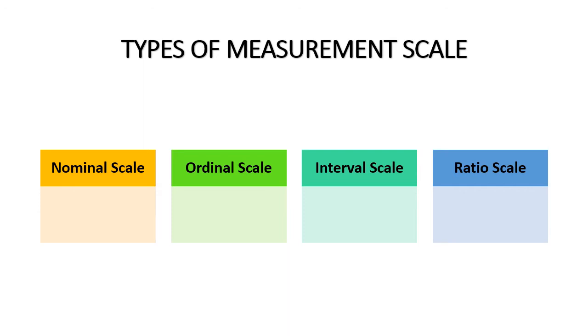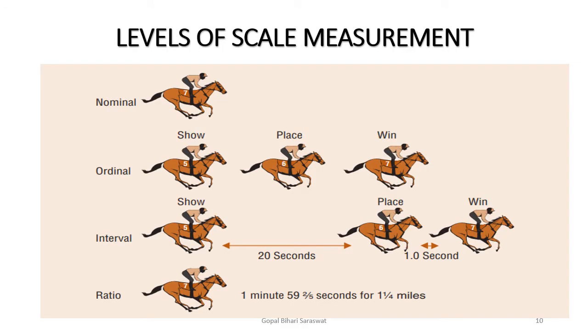Rather than going into the definitions of these variables, let's start with an example. Nominal, ordinal, interval, and ratio, these are the four measurement scales. Let's say in a horse race, we have a horse and the number on this horse is 7.